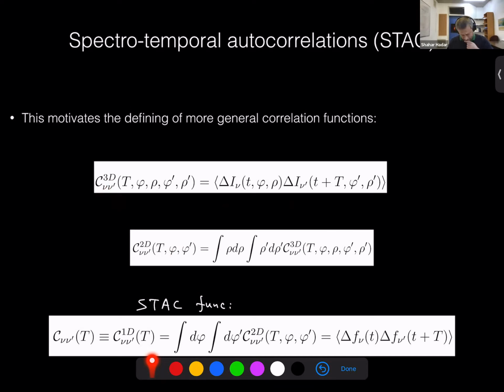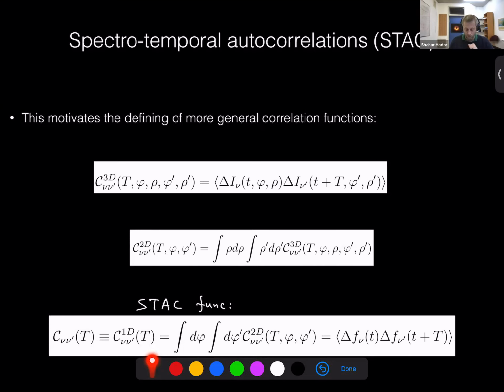You can integrate over the rho and get something which is along the photon ring and with the frequency dependence. But the nice thing is that you can also integrate over these two angles. Different versions here can be relevant for different observations. For example, for VLBI, this one could still be relevant because you have information from several different frequencies, so you can still do photon ring autocorrelations, only with different frequencies of observation. So we have a stack of information at different frequencies.